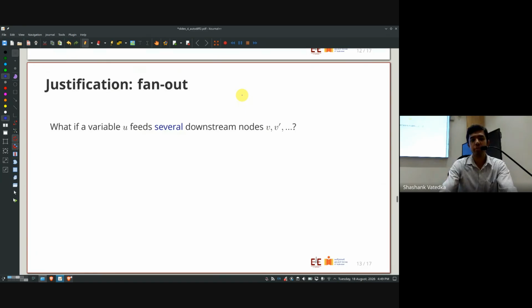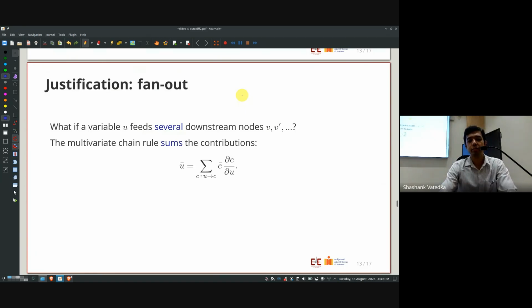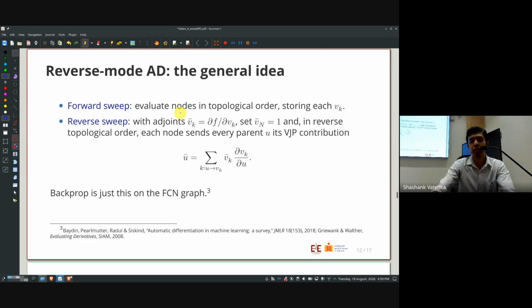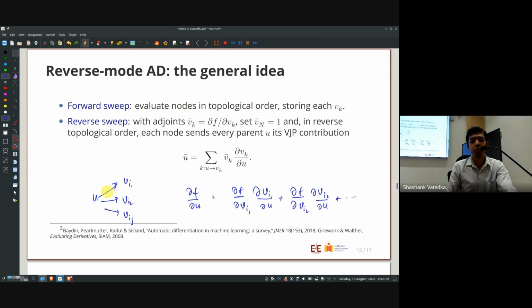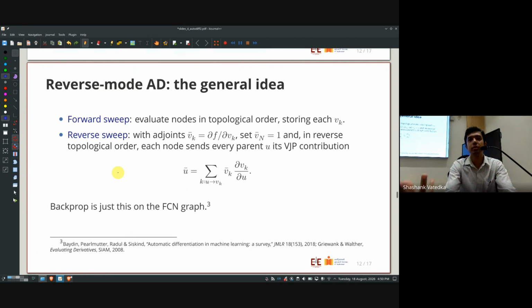Maybe that's what I was coming to get at. Basically, suppose this variable feeds into multiple children, which is what I depicted in this particular picture. It happens in a fully connected network whenever you have these inner products, and in general that will happen.